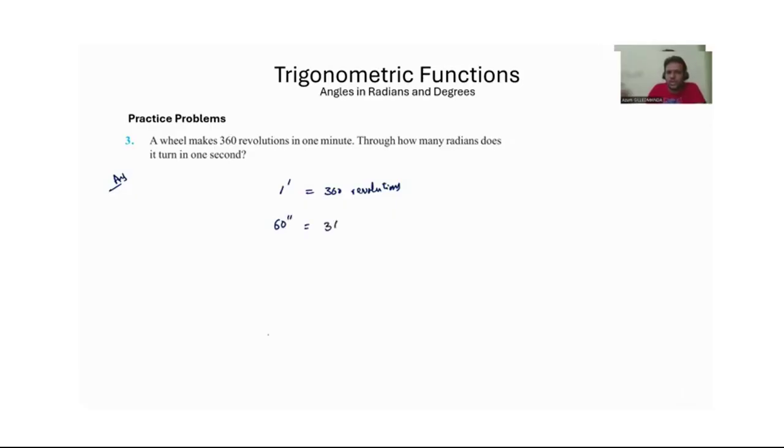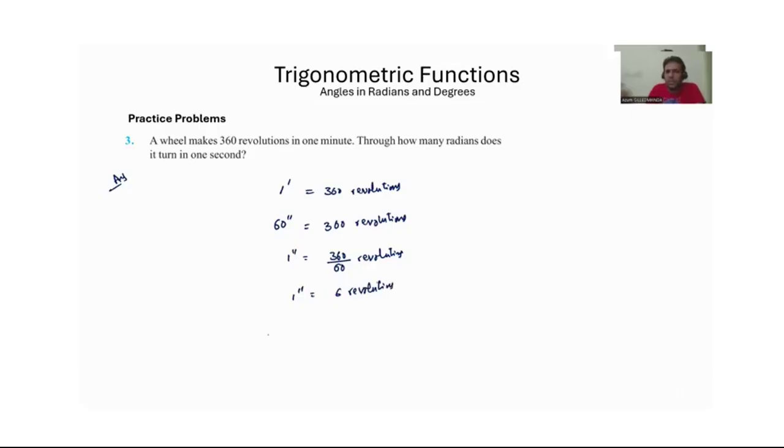So in 60 seconds, it is making 360 revolutions. And in 1 second, how many revolutions will it make? That is 360 by 60 revolutions.